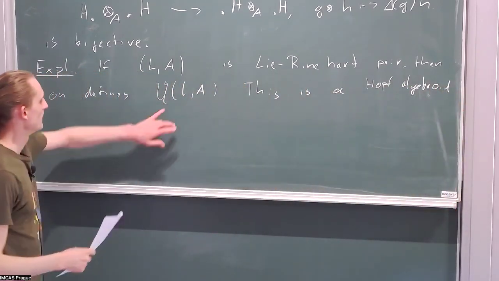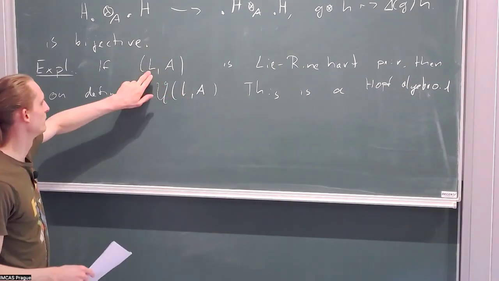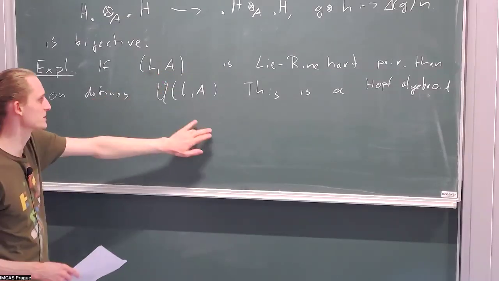So how does this thing look? In a Lie-Rinehart algebra, L would be a Lie algebra and A is a commutative K-algebra.